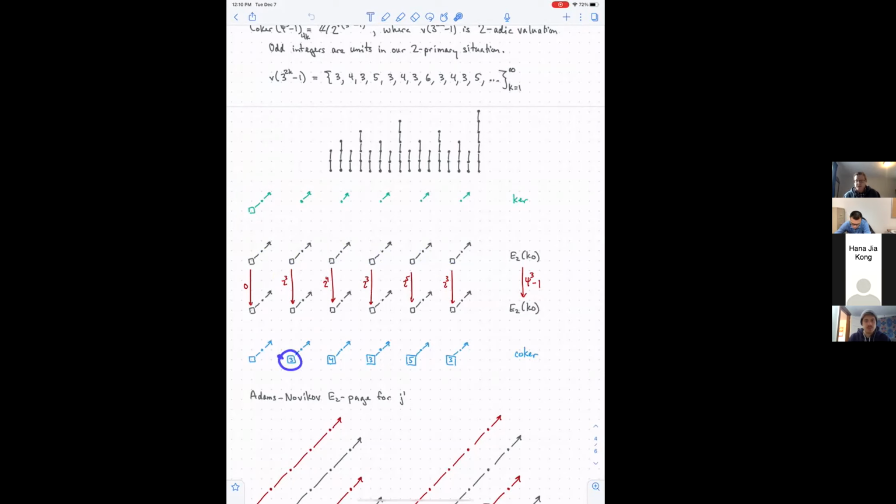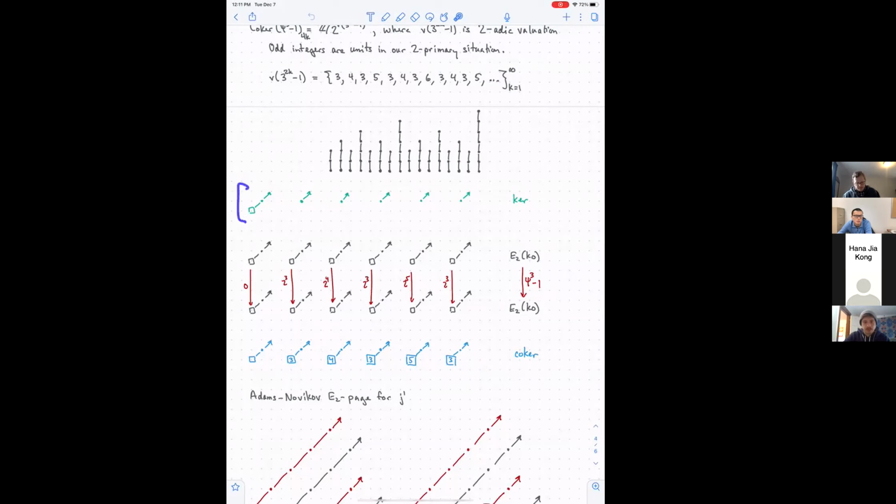And that's what a box means: a box with a number in it means Z mod 2 to that number. So that's Z mod 8, that's Z mod 16, that's Z mod 8, that's Z mod 32, that's Z mod 8, and so forth. And there's those patterns 3, 4, 3, 5, 3, 4, 3, 6, and so forth. That's this list of numbers that goes along that. So there's the kernel, and there's the co-kernel.